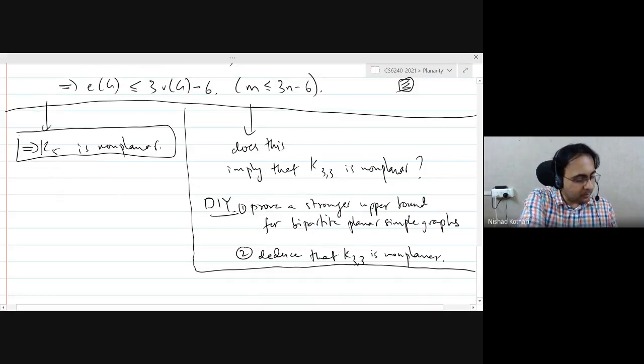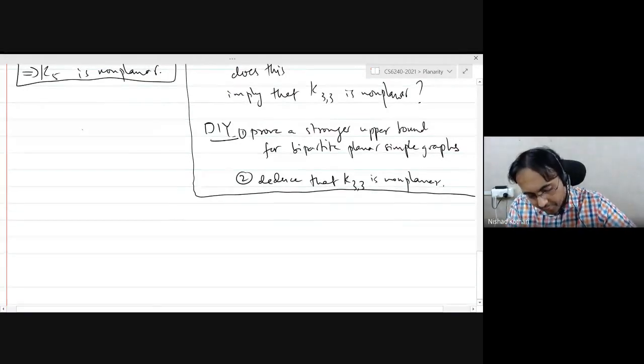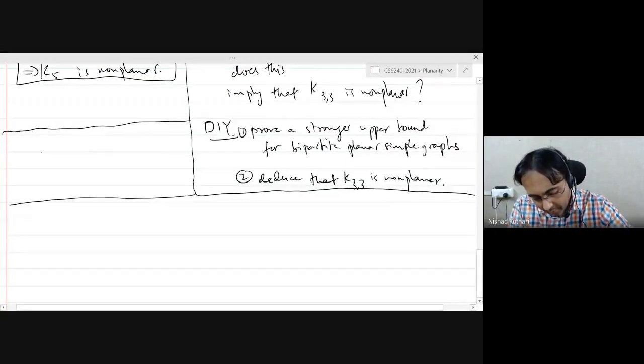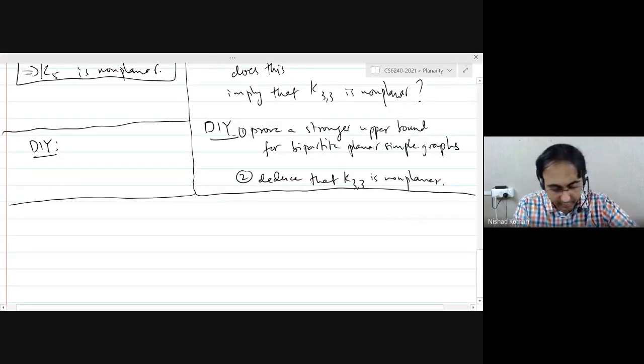Okay, good. And another do-it-yourself, which will be useful to us later. This is Corollary 10.22 in the text.